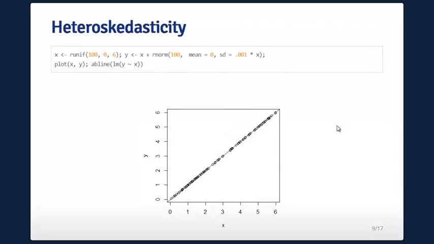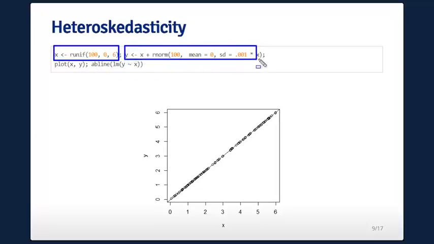I tried to create an example where you couldn't see anything from the scatter plot, but it was obvious and apparent on the residual plot. What I was going to talk about here is heteroscedasticity, and this is a case where our model is not right because the variance isn't constant as a function of x. Here I generated my x's as random uniforms, my y's were x's, so my linear regression relationship holds with an identity slope and zero intercept.